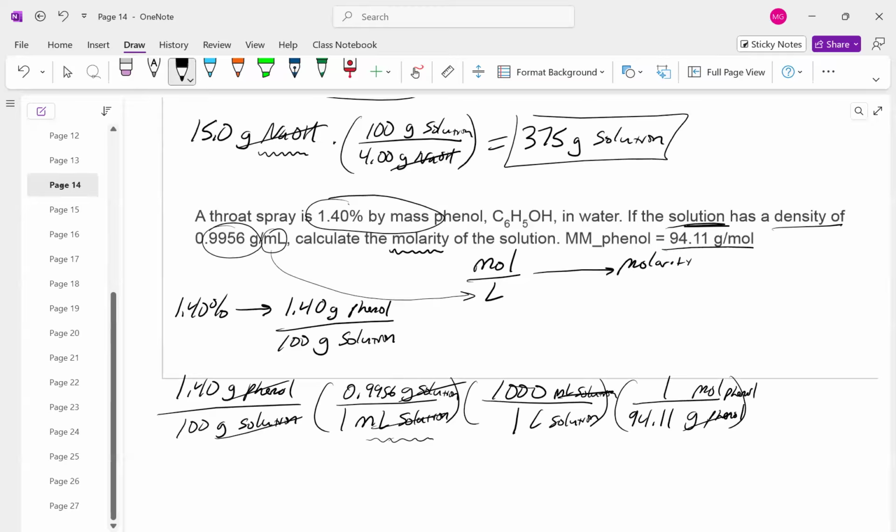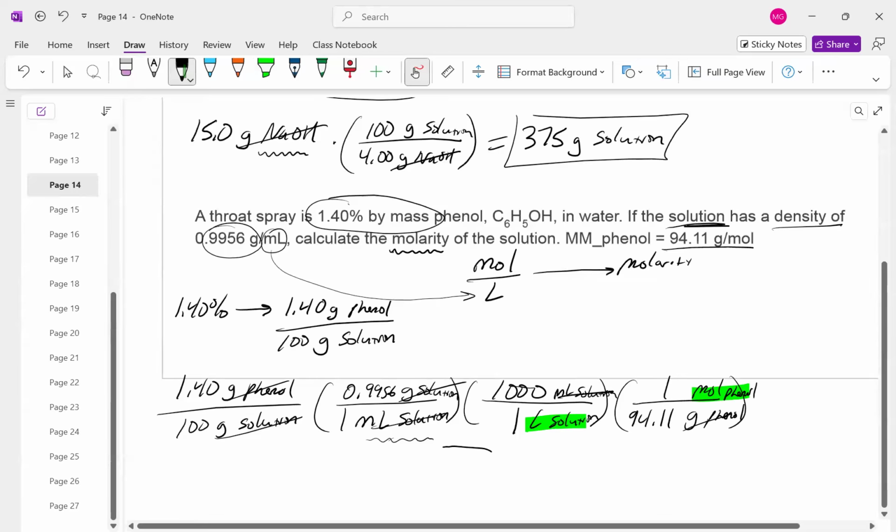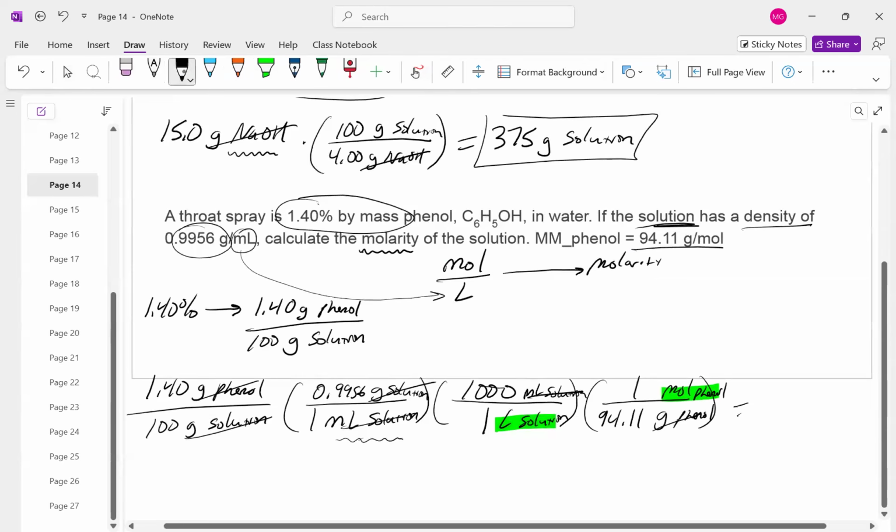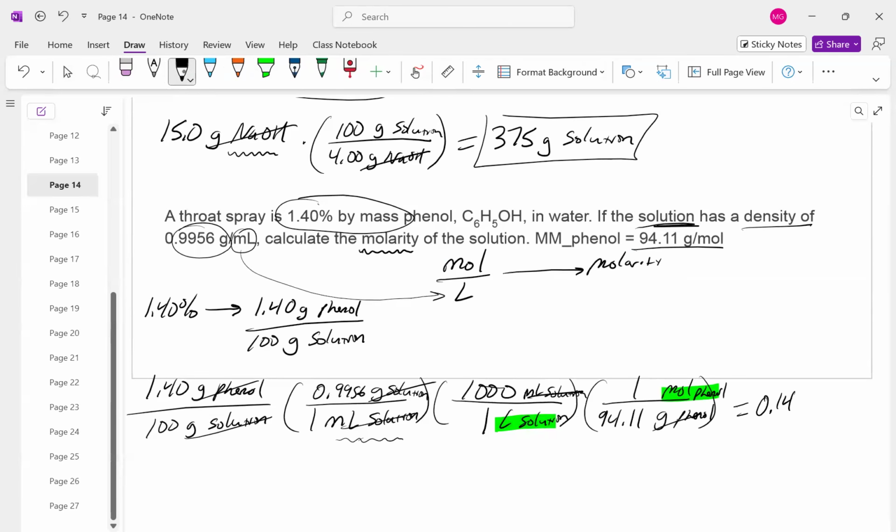Notice the units that we're left with here: moles of phenol, that's our solute, over liters of solution. That's all molarity. So I toss this in my calculator, and that comes out to 0.148 molar phenol. Now, if you want to say M, capital M, that's fine. If you want to say moles per liter, that's fine as well.